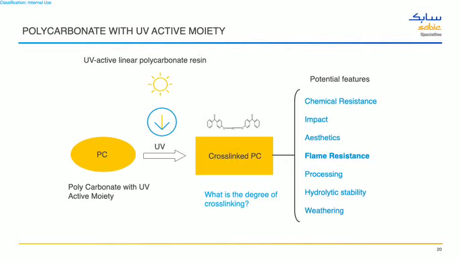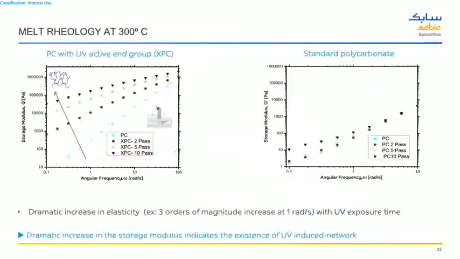So when we extrude and make pellets, these UV active molecules are ready to form a cross-link. For example, here the PC is a regular polycarbonate. When you have XPC, which I call cross-linkable polycarbonate, with 2 pass, 5 pass, 10 pass, it means 2 rounds of UV exposure, 5 rounds, and 10 rounds of UV exposure.